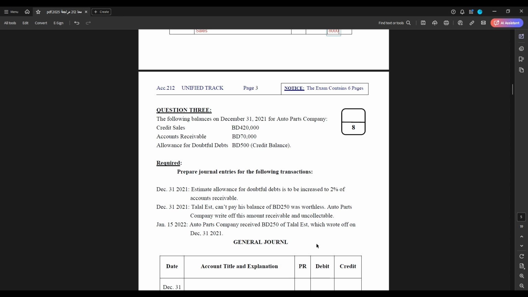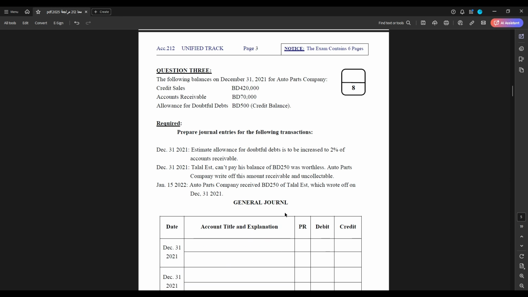Auto Parts Company writes off this amount receivable as uncollectible. On January 15, 2022, Auto Parts Company received 250 from Talal establishment, which was written off on December 31, 2021.